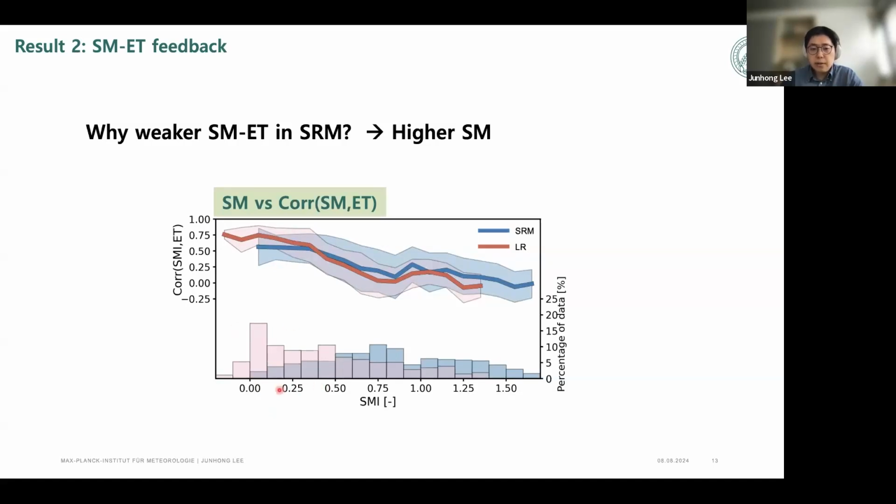In dry soil, we are in the water limited regime, so that's why we have higher correlation between soil moisture and evapotranspiration. But with higher soil moisture in the storm resolving simulation, it is usually in the energy limited regime, so there is a small relationship between soil moisture and evapotranspiration. That's why we have weaker, less positive SMET feedback in the storm resolving simulation.